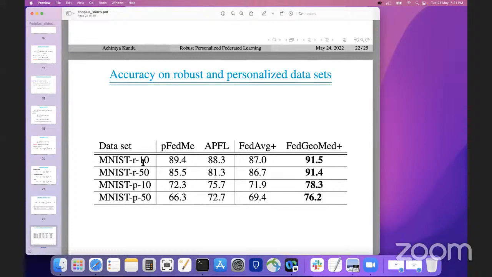Once we have this IID setup, each of the clients has images of the 10 digits. Now, for certain clients, we take the inverted image. We change the pixel values. So that makes it a robust setting. That means certain clients don't have the original images. So it's no longer a non-IID setting, it's an adversarial setting.